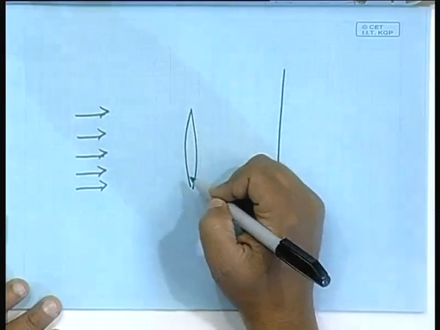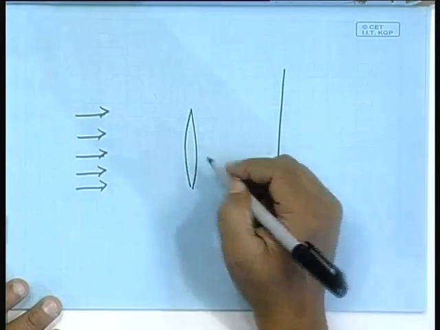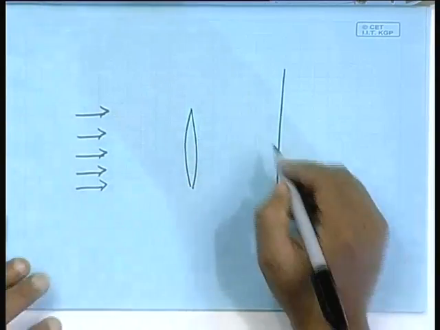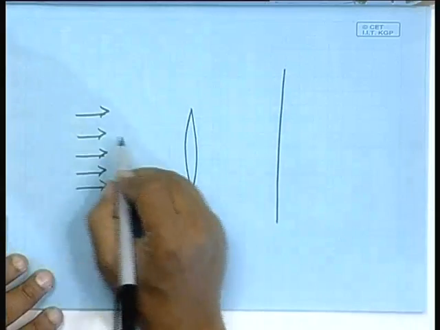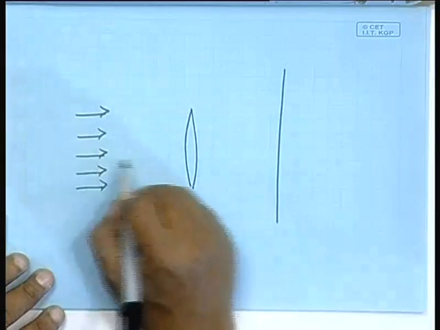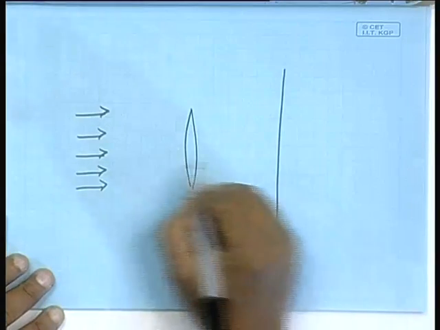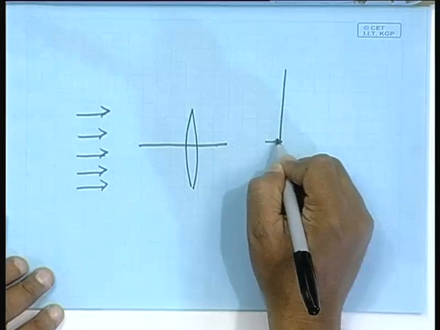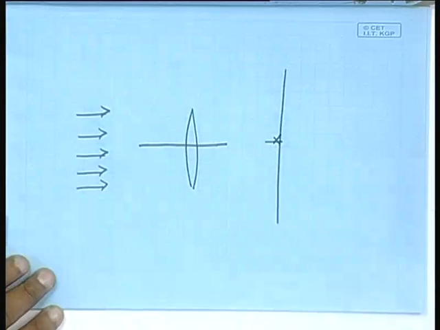Now, what the lens does is it focuses the plane wave to a point, and if the wave is parallel with the optic axis of the lens, the wave gets focused to a point at the center.